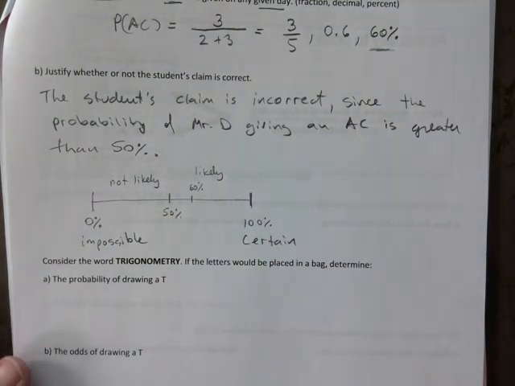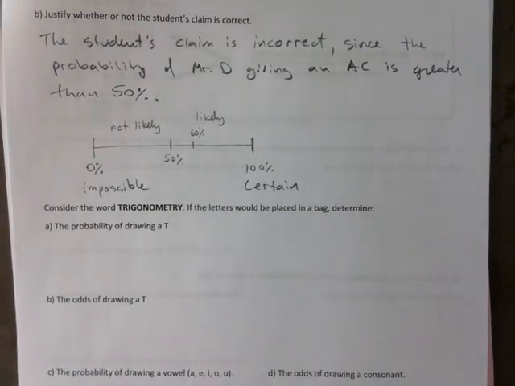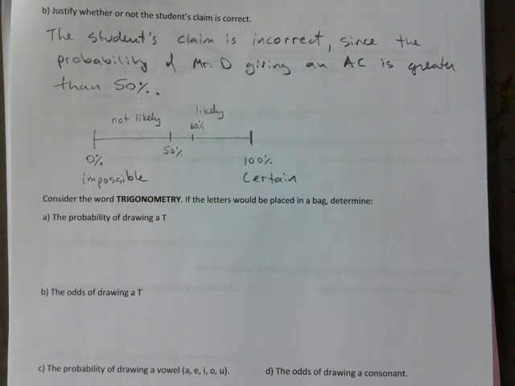I hope that makes sense. So when you have odds, you want to turn them into a probability to work with them, right? If you have two different odds, you're like, which event is more likely to happen? Turn it into a probability, turn it into a percentage. That's the best way to go about it. All right.